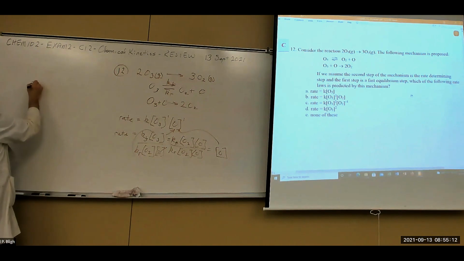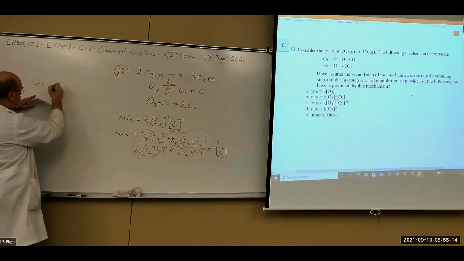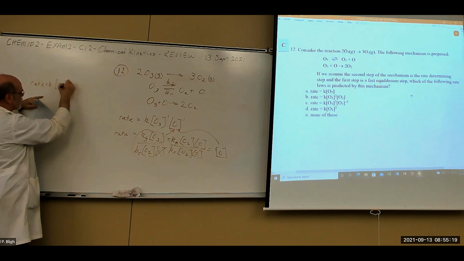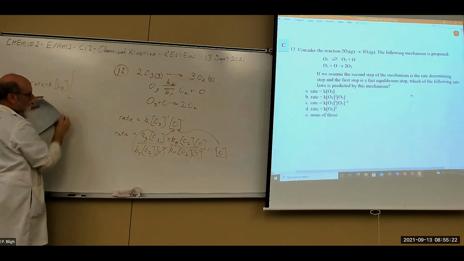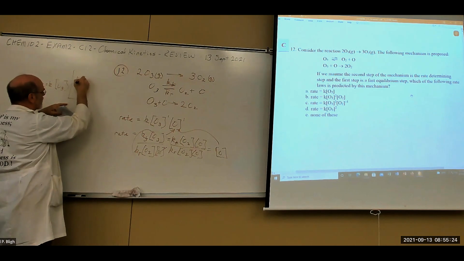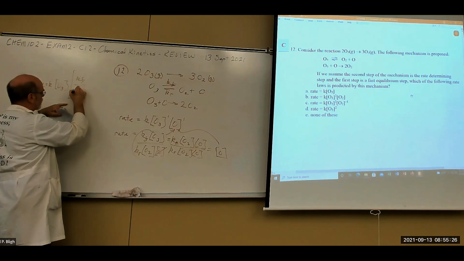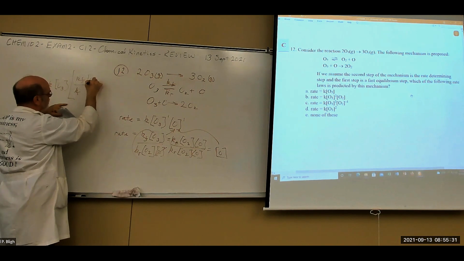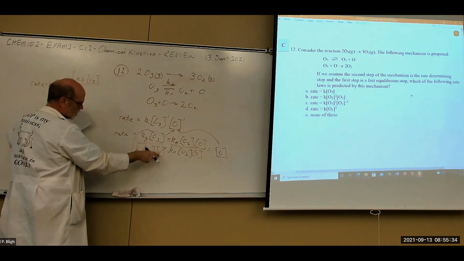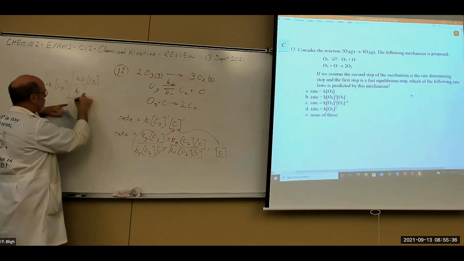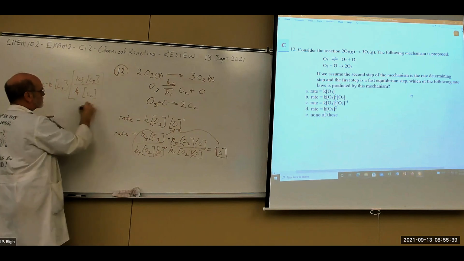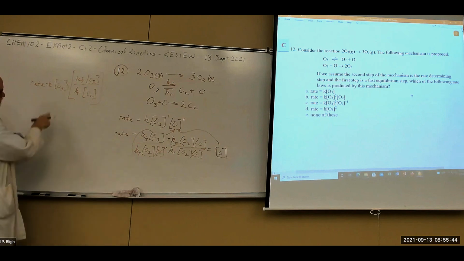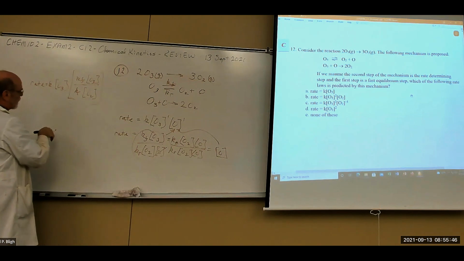So now the rate is this K, this value, which didn't change. And now what's in here? We've got Kf divided by Kr, and then ozone divided by O2. So now we can reduce these.